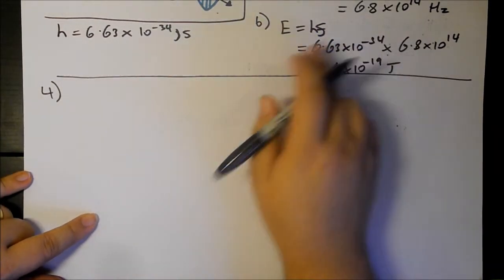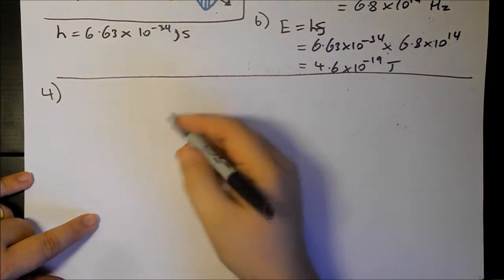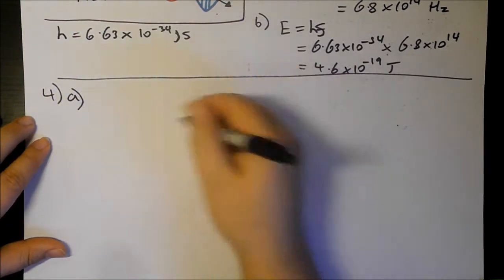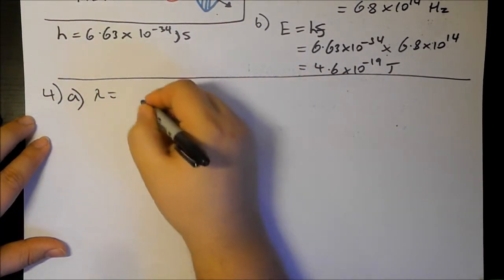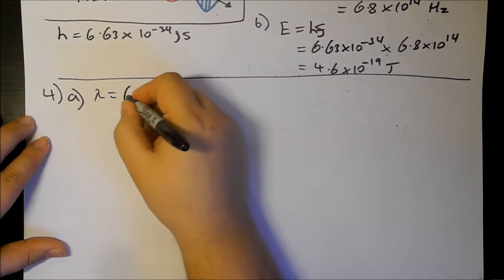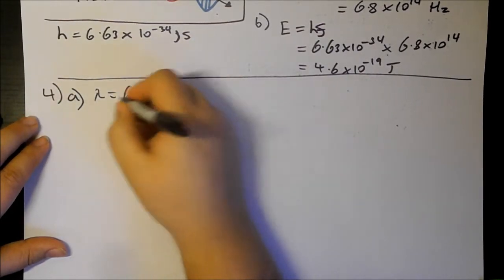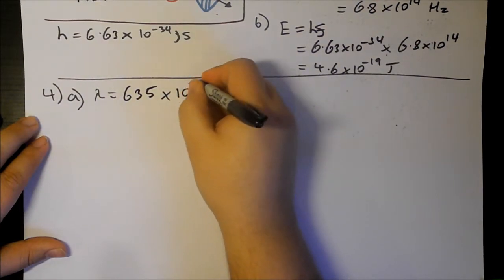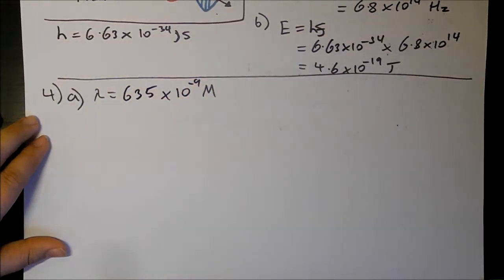So it's exactly the same as what we've done there, but this time they're asking it in just one part of a question. So again, we're going to write wavelength is equal to 635. We'll use the method we've been using there and write it straight away in standard form. Because it's nanometers, it'd be times 10 to the minus 9.